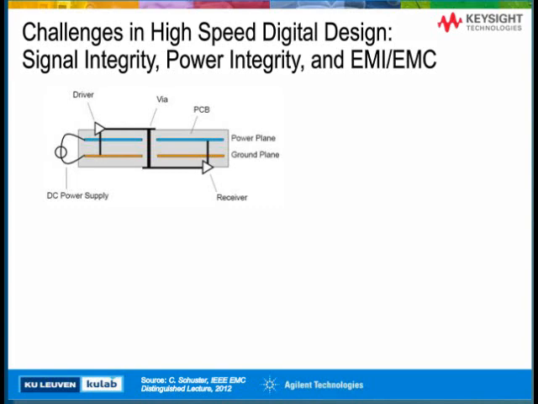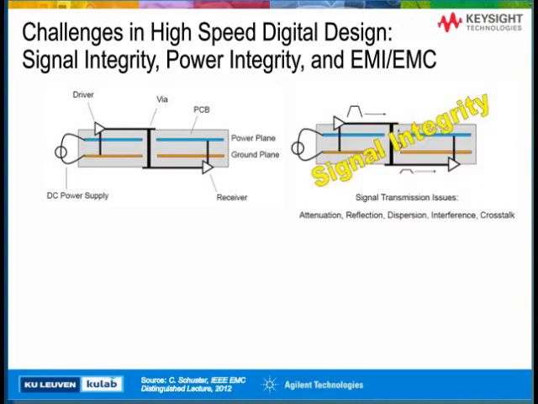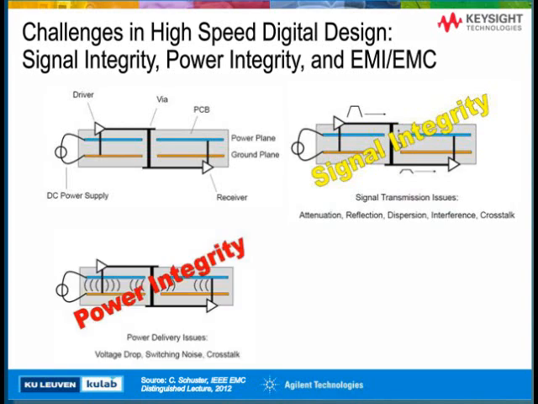Designers need to look at problems starting with SI, signal integrity problems, where people need to look at attenuation, reflections, dispersion problems, crosstalk, and that type of problem. Not only do these problems need to be addressed, but also PI problems, such as voltage drop, switching noise, crosstalk, and so on and so on.